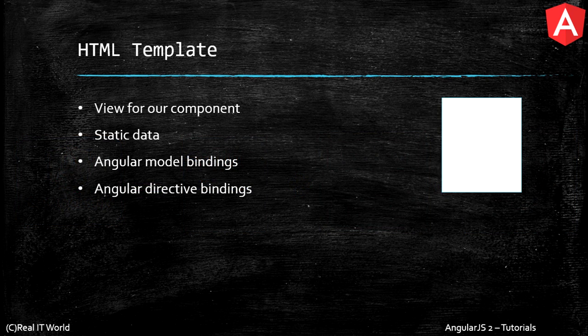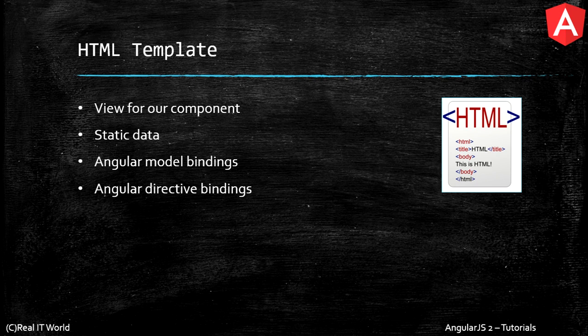What is an HTML template? An HTML template is a layout for our view, and it can have some static data by default if we want, and then it will bind our model bindings from AngularJS. If you place any data inside the Angular model, we need to bind that into our view, right?